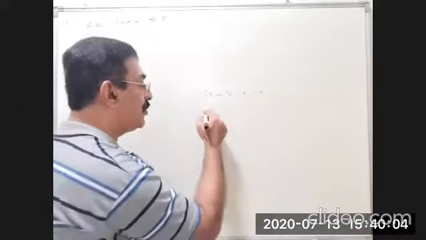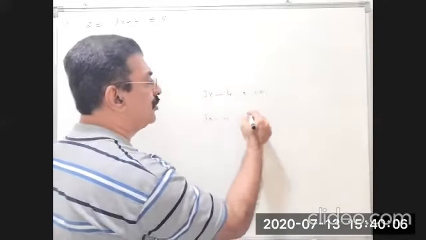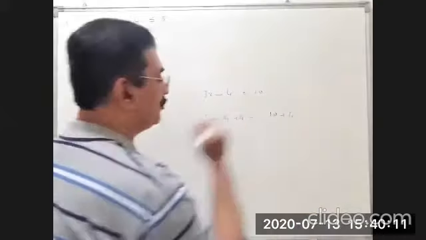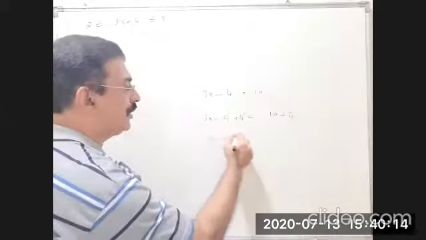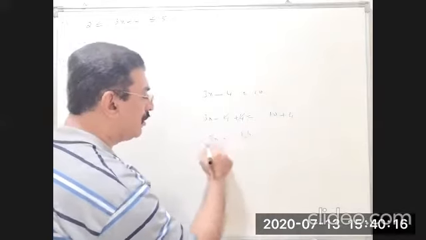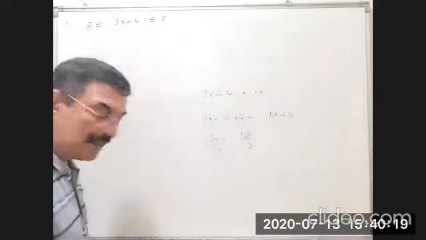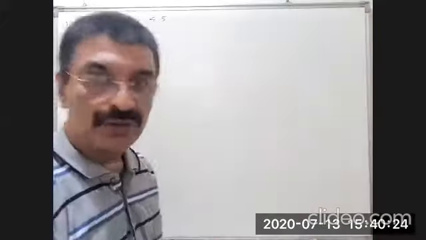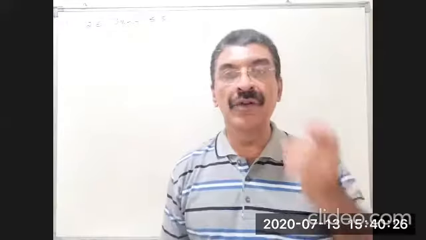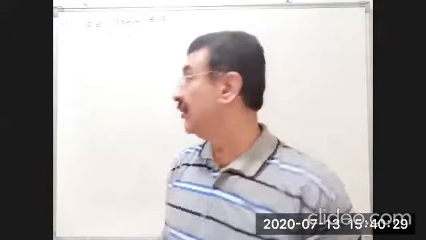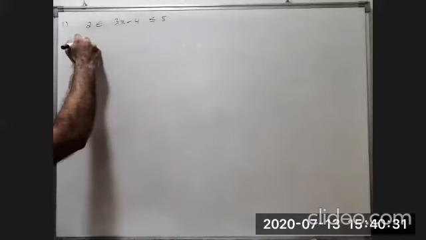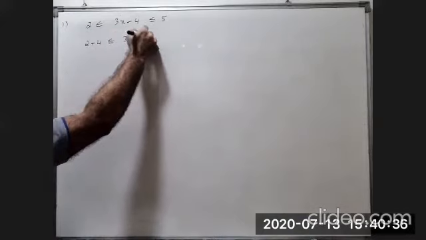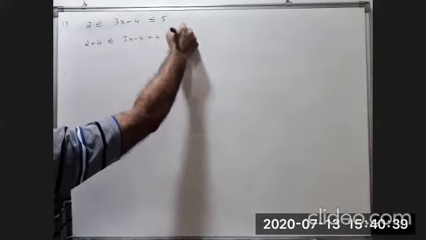So actually, what we are doing: 3x minus 4 is equal to 10. We add plus 4 to both sides. This cancels. We get 3x is equal to 14. Then we divide both sides by 3. Same thing here. So first take this 4. To remove minus 4, add plus 4. So adding plus 4, we get 2 plus 4 less than or equal to 3x minus 4 plus 4 less than or equal to 5 plus 4.